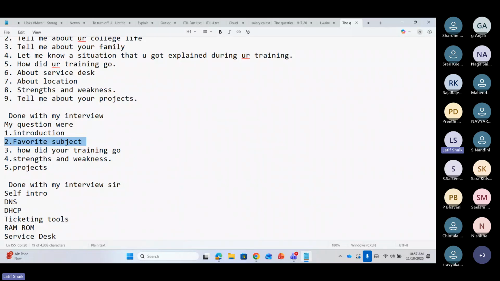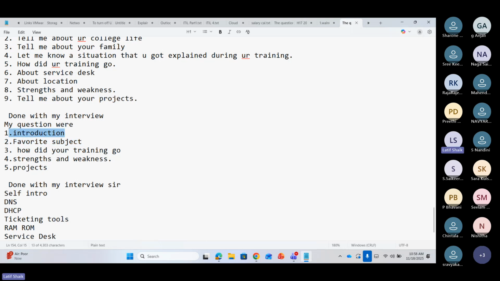Choose that type of subject, like networking. Many more questions are there, wide-ranging questions in networking: what is an IP address, routers, switches, this kind of stuff. Or any subject, like your engineering subject or cloud computing, which you learned and are able to give an answer. That is your favorite subject.